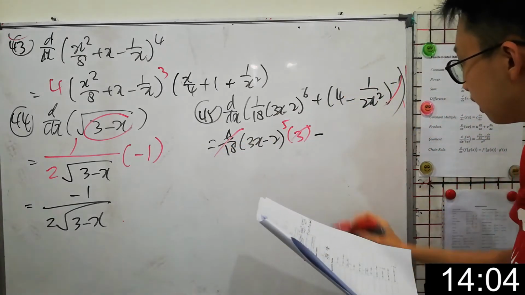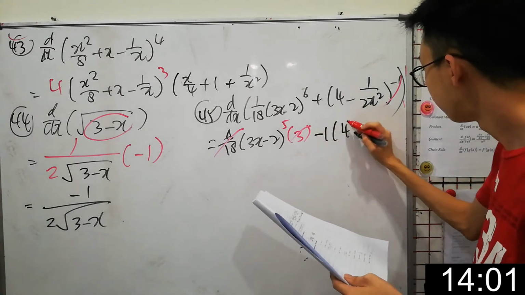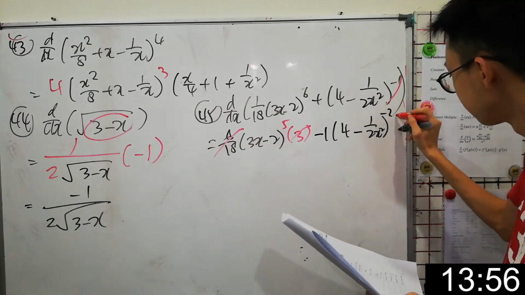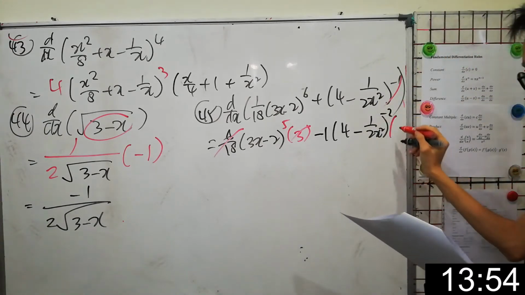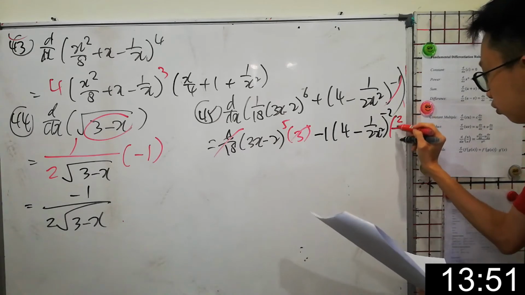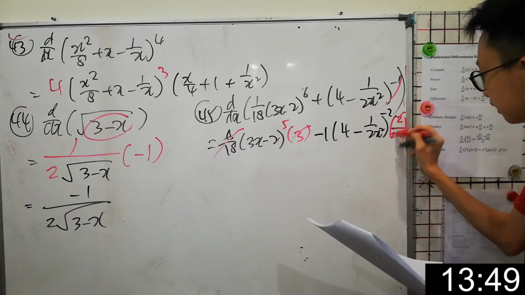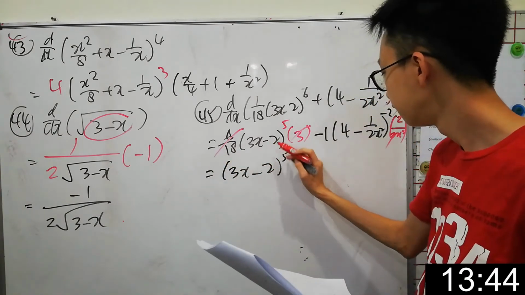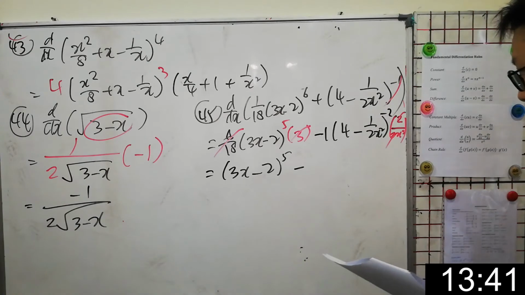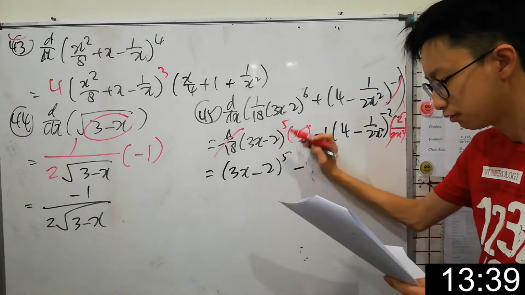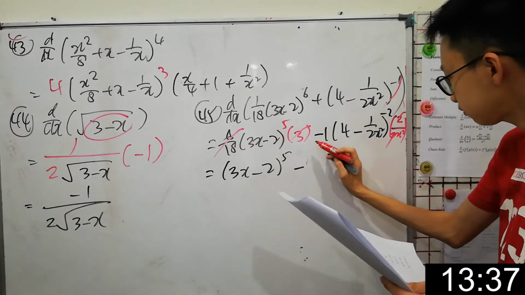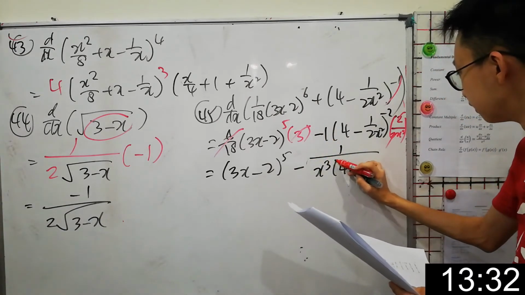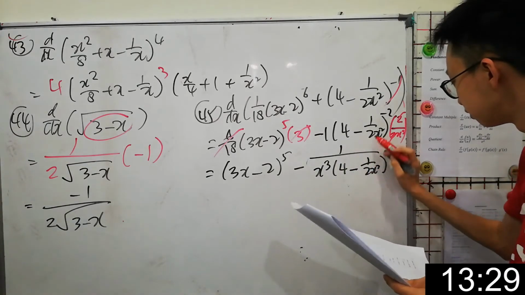Then minus 1, 4 minus 1 over 2x squared, then minus 2 multiplied by positive 2 over 2x cubed. This and that can cancel. So at the end, you have 3x minus 2 to the 5th, minus 1 over x cubed, then the one on the bottom right, minus 1 over 2x squared.